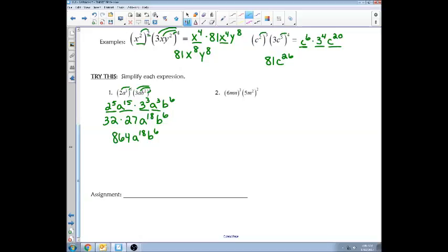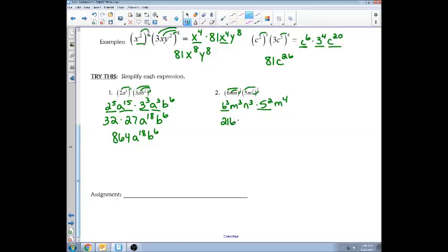Finally, our last problem, I'm going to have 6 raised to the third, m raised to the third, and n raised to the third, times 5 squared. I have m squared raised to the second power, which would be m to the fourth. Well, 6 raised to the third power would be 216.